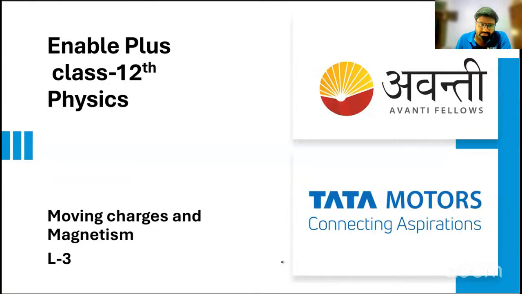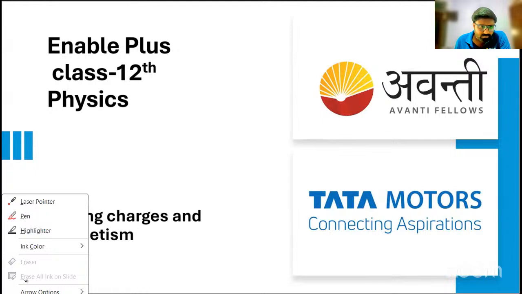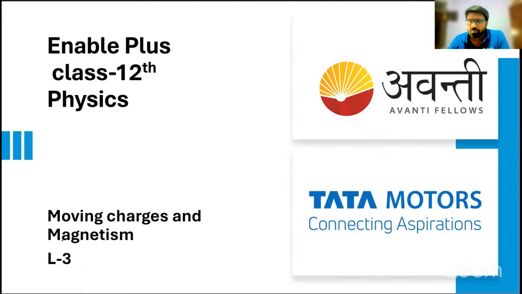In the previous lecture, we have seen what type of Lorentz force we study. The Lorentz force is the combined effect of electric force and magnetic force. And we have seen that there will be no power generated by the magnetic force. There will be no work done by the magnetic force. All the properties we have dealt with.